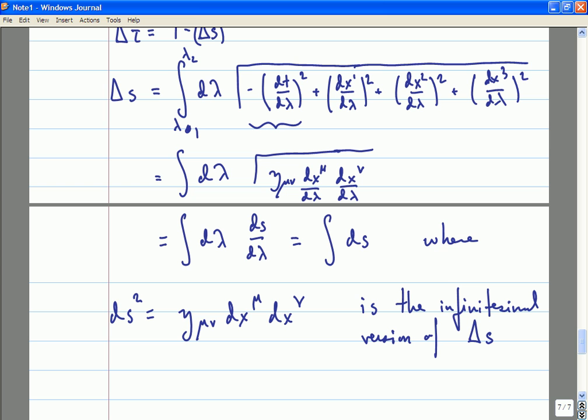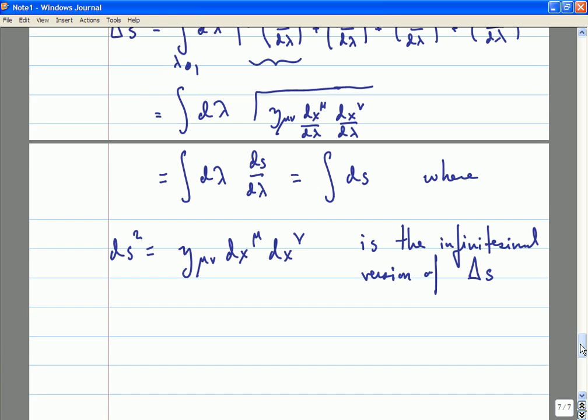And I am using here in my formula for the invariant interval measured on a world line an infinitesimal version of that formula, which I call ds rather than delta s, to remind myself that this is an infinitesimal expression for the invariant interval.